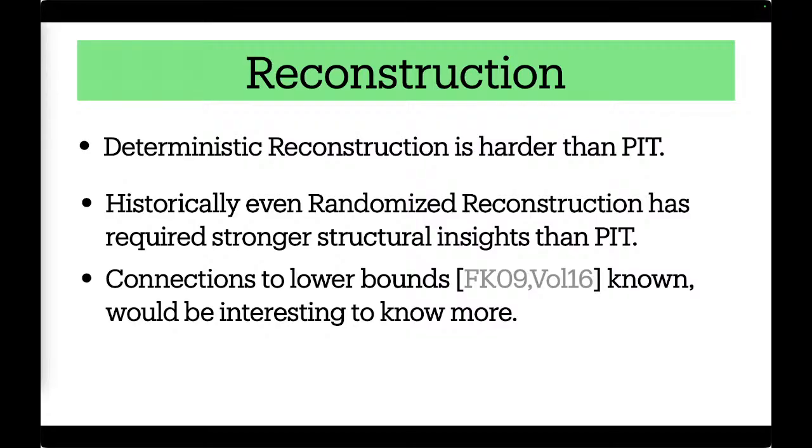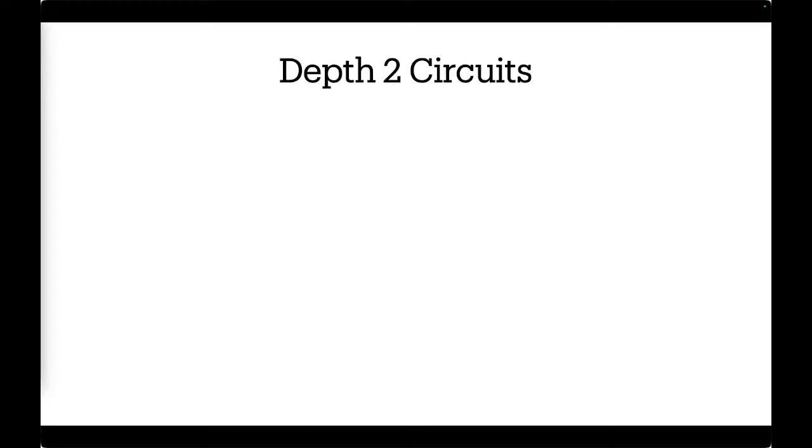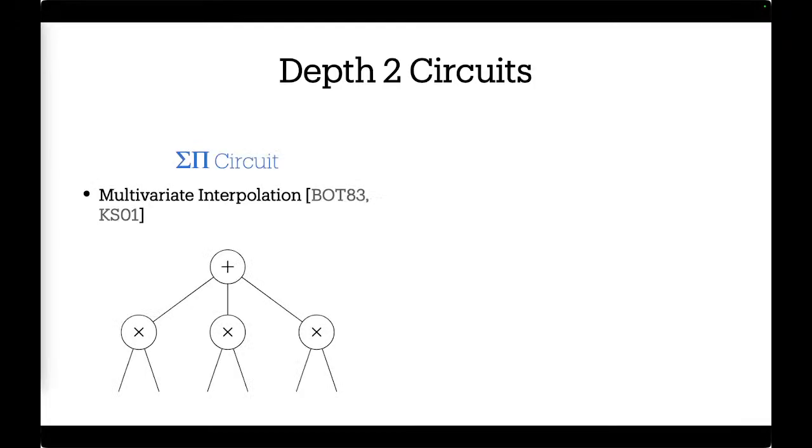What I'm going to focus on is trying to solve this problem for low depth circuits. So let's try to do reconstruction for small depth circuits, and let's start with the very basic. Start with depth 2, and the very basic depth 2 model is sigma pi, which is your dense representation, your sparse learning, and we all know this problem as multivariate interpolation.